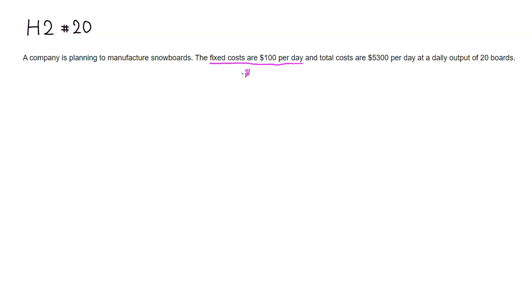So if you think of an x value, comma, c value, since it's a cost, x1, c1 is going to be, when you produce 0 snowboards, it still costs you $100. Then here you have $5,300 per day at a daily output of 20 boards.